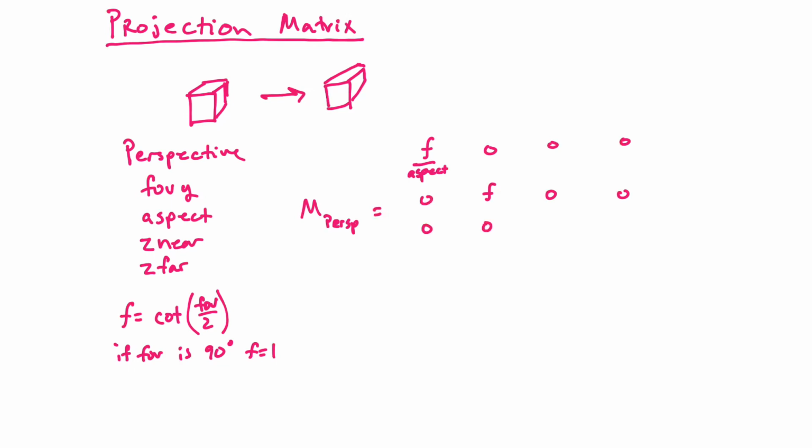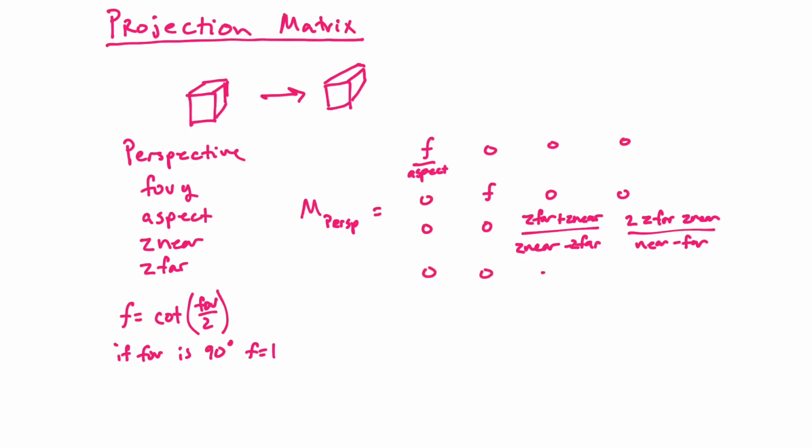We're going to take the Z far value and add the Z near, and then do Z near minus Z far. And then this last column here is 2 times Z far times Z near over near minus far.